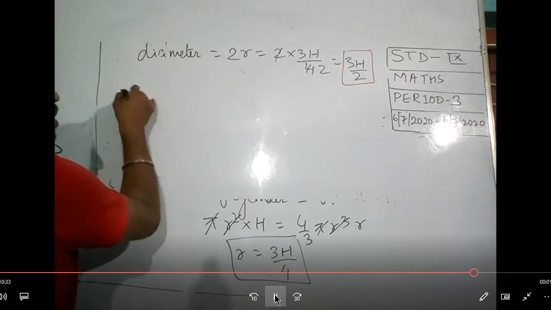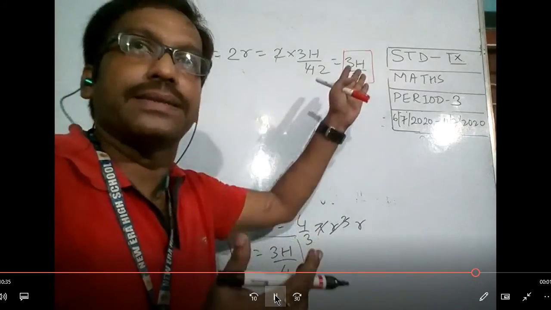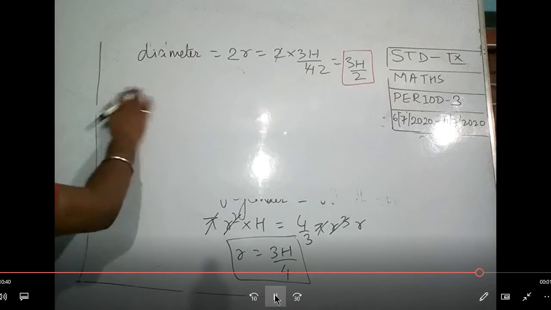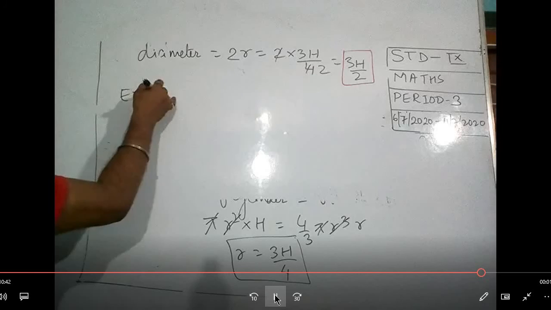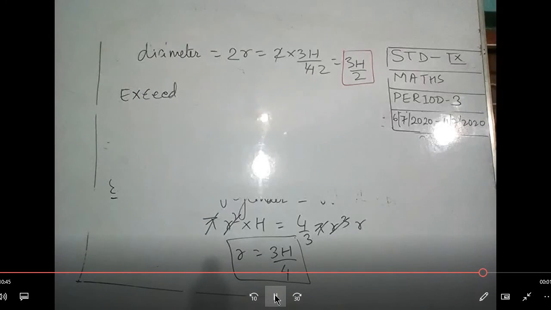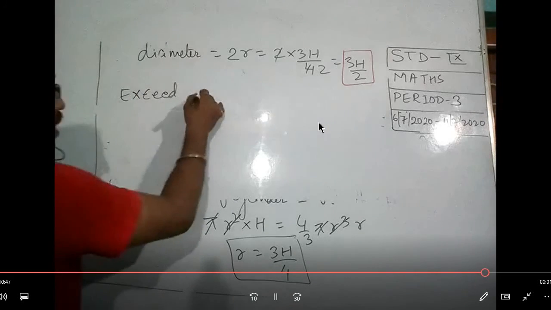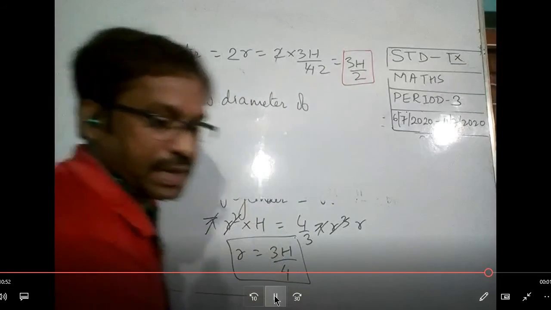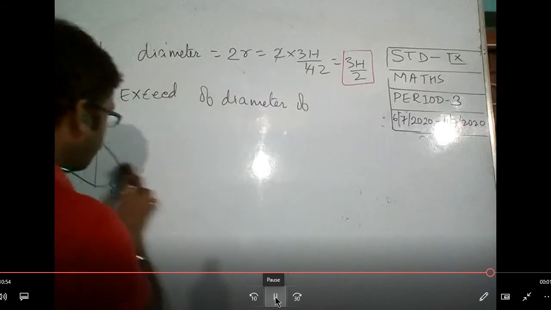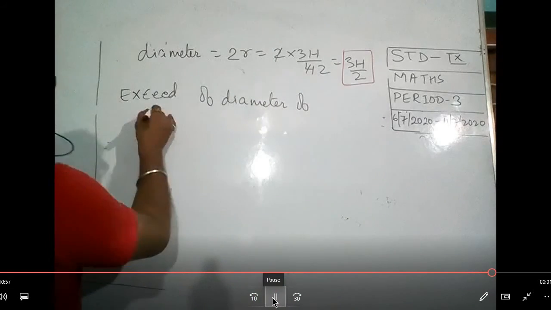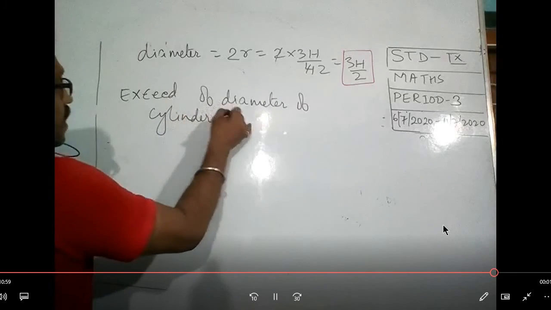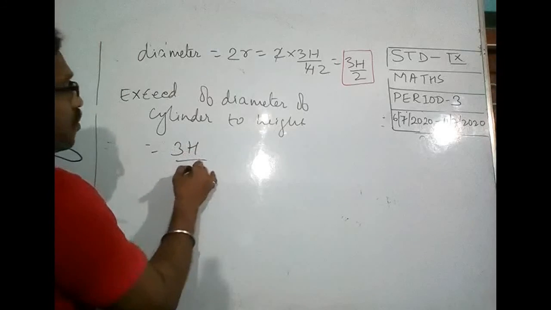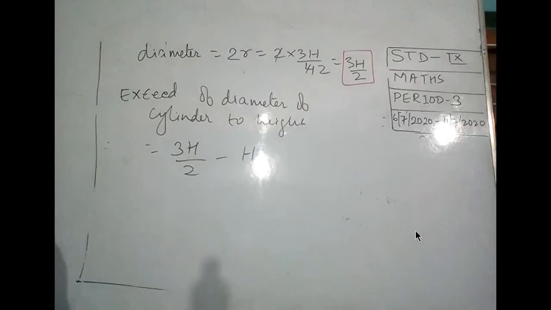Then the excess of diameter. Obviously, the diameter is higher. So we are saying the excess of the diameter of the cylinder over the height: that is 3h by 2 minus the height of the cylinder, which is h only.